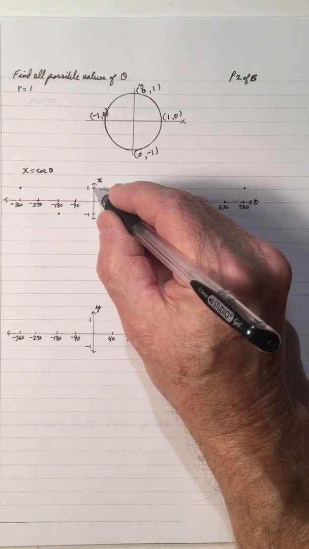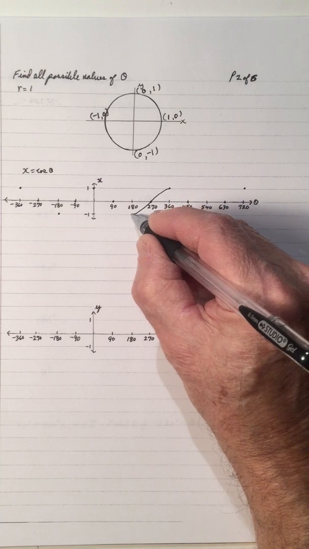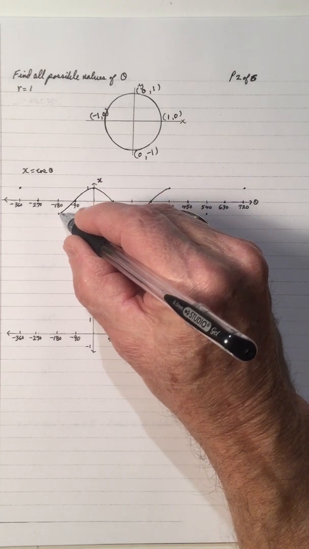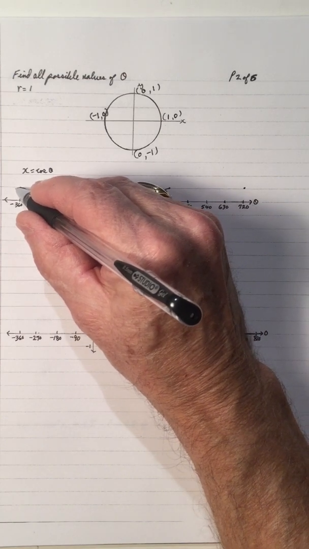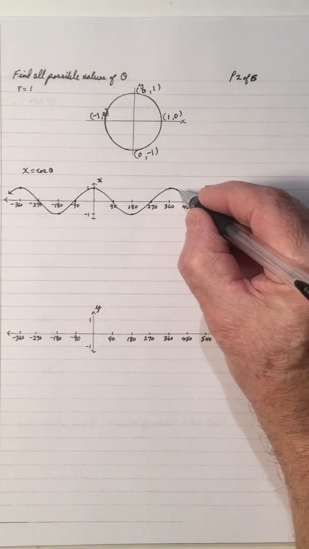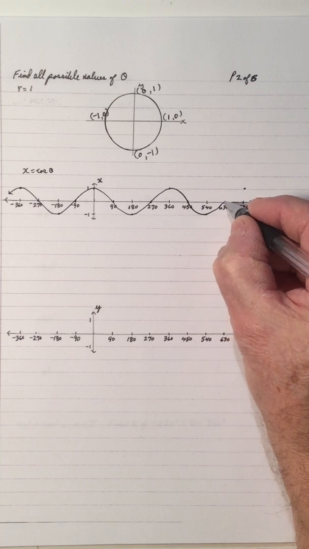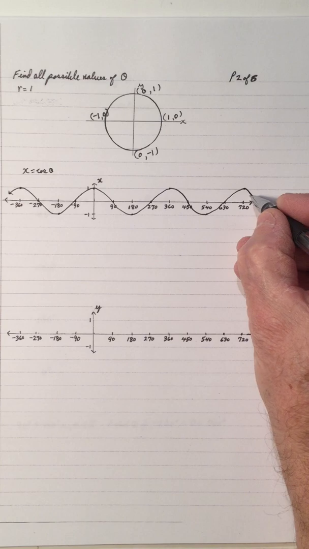So the graph is drawn, and notice we're tracing out all the points it's going through. It goes down to 0, -1, back up to 0, back up to 1, and then it starts to come down again.